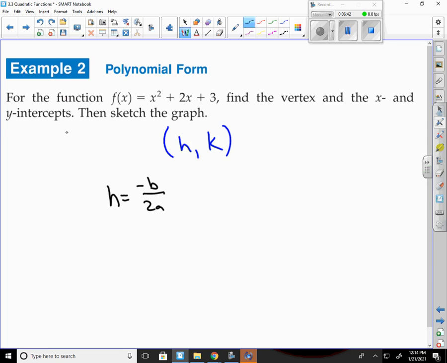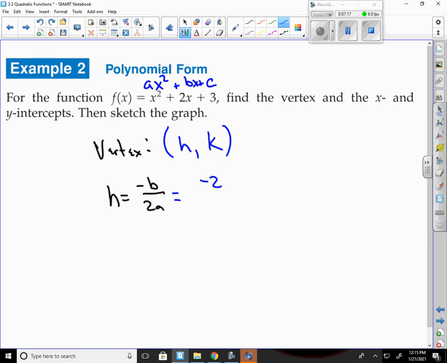So if I'm trying to find my vertex, in order to find what the x value of my vertex is, I just need to plug in some numbers here. What goes in for b? Our polynomial form is ax squared plus bx plus c. So 2 goes in for b.